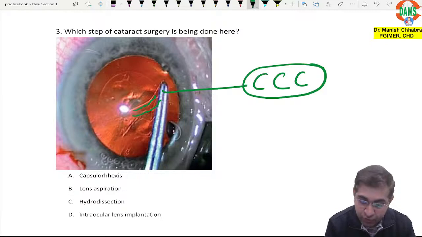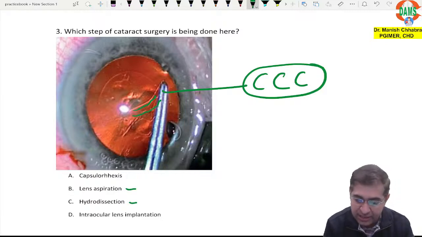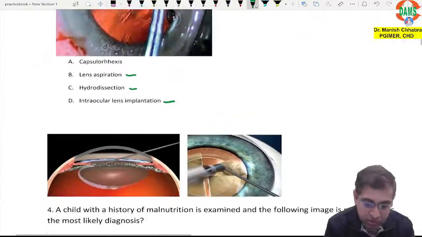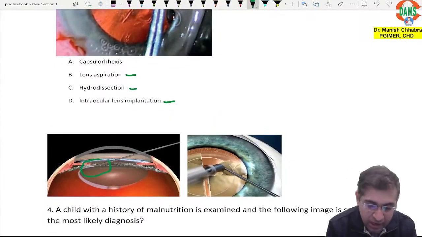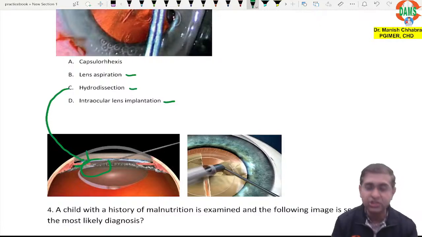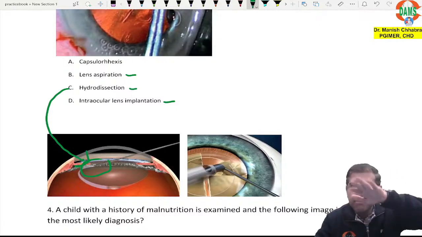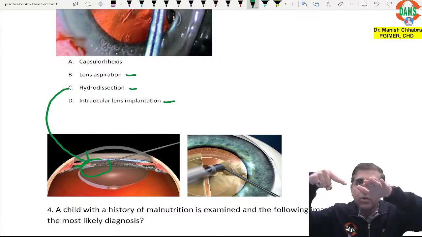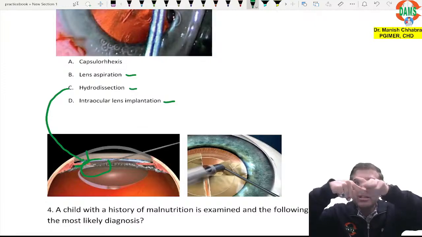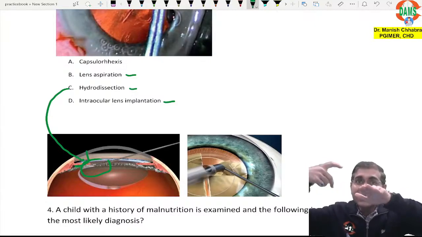But yes, what is lens aspiration, what is hydrodissection, and what is intraocular lens implantation? First let's see. So this is the process of your hydrodissection. Hydrodissection is after creation of the flap, so there is a rim of the anterior capsule and the underlying lens. You take a cannula, put it beneath the anterior capsule, inject the fluid.